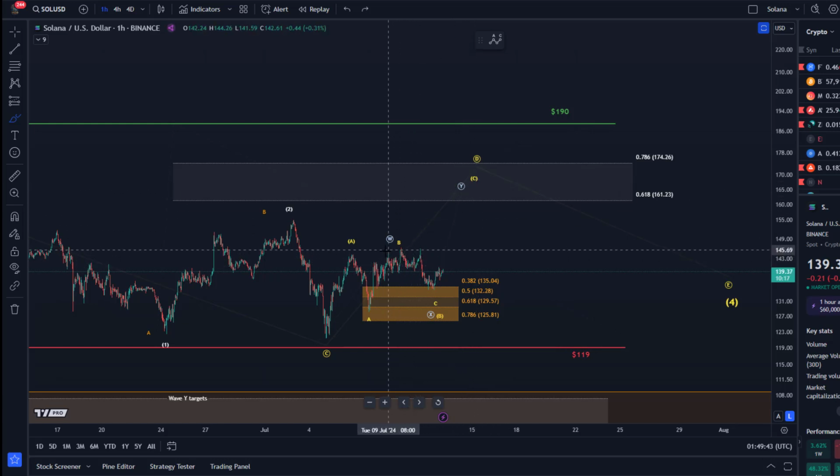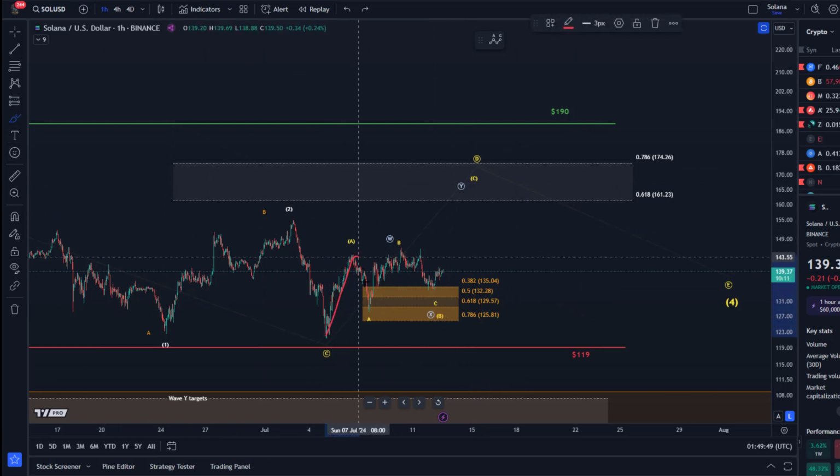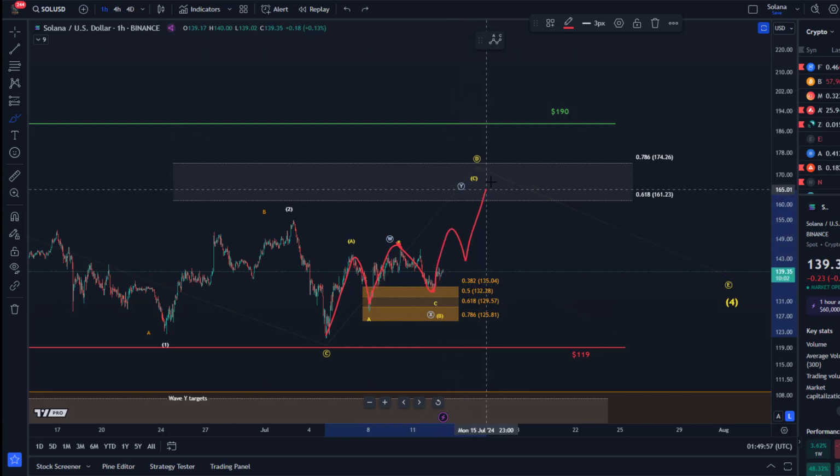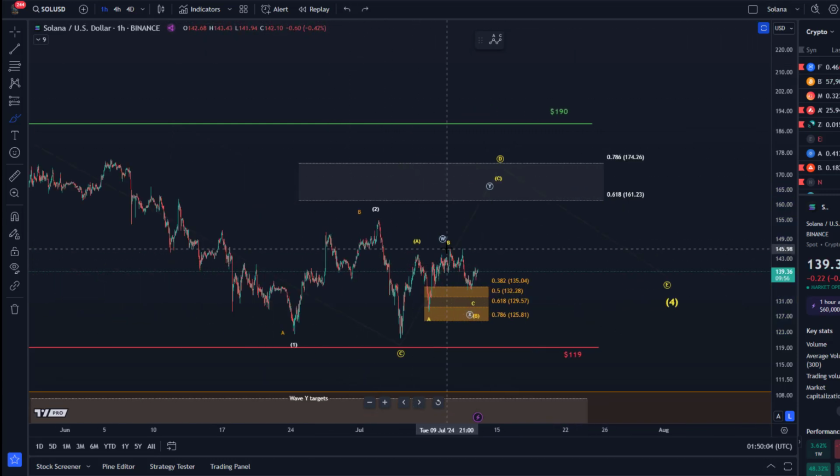Another wave count that I'm watching for here is a WXY structure. It's slightly different. This would imply an ABC in wave W, an X wave pullback, and then a Y wave up, which is an ABC in itself. I see them both as reasonably likely, but because they are both corrective patterns, they could easily change a little bit.